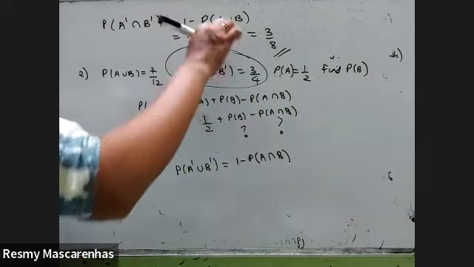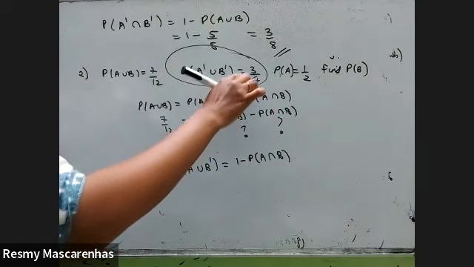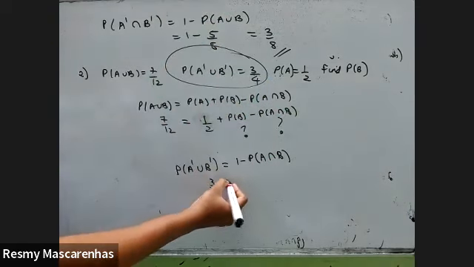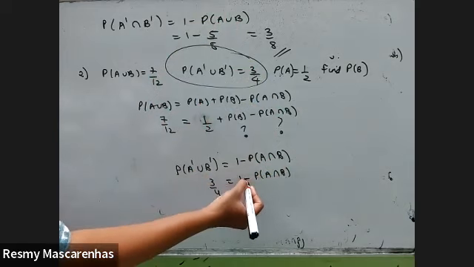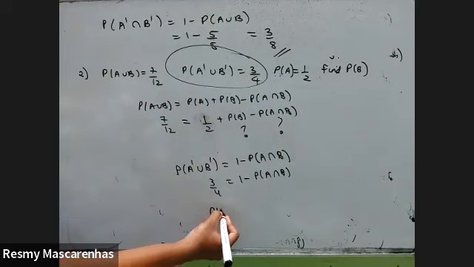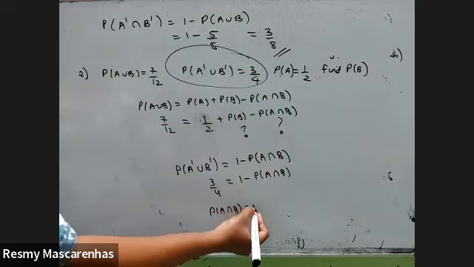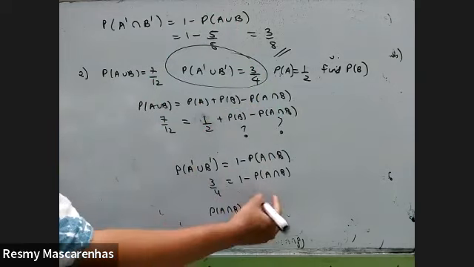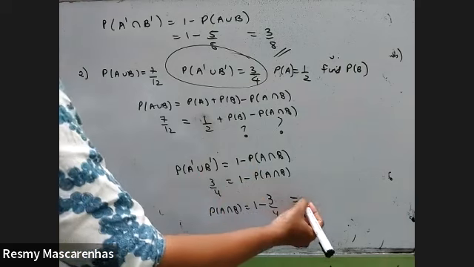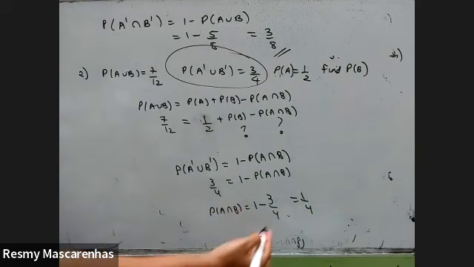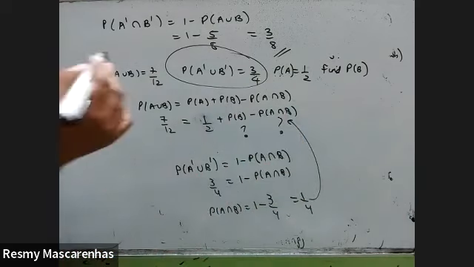This is how much given to you, 3 by 4. So this minus, if you bring inside, it will be plus. Plus 3 by 4 will become minus 3. So always you can exchange them. This will be 1 by 4, cross multiply. Now put this here.